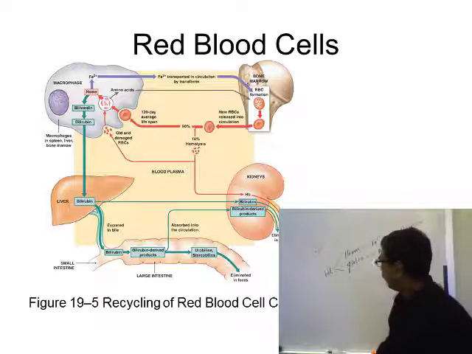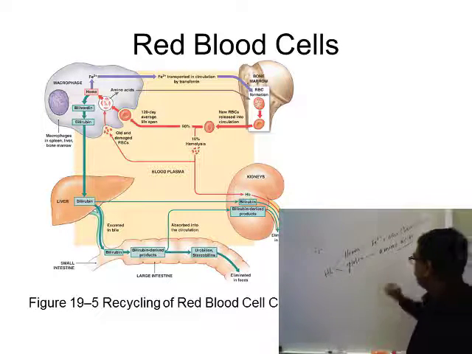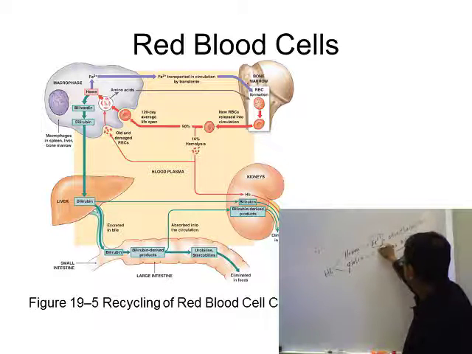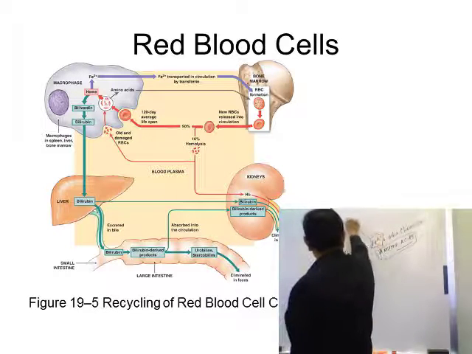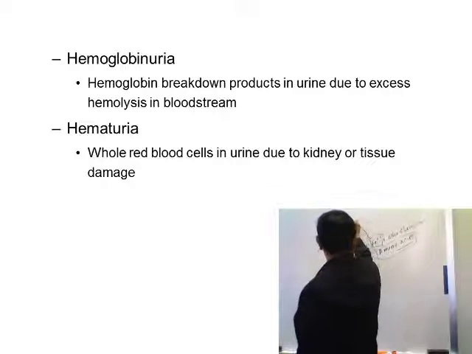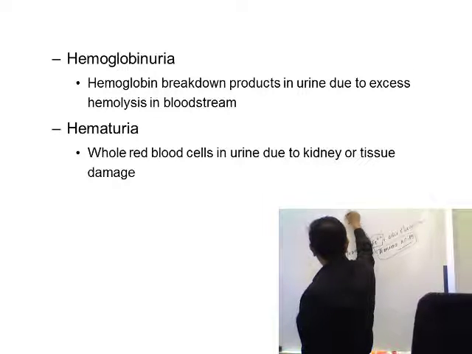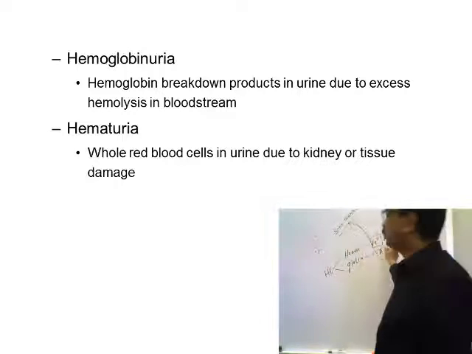Just know that the iron part of heme and the amino acids, these two components, go back to the bone marrow to produce new hemoglobin.